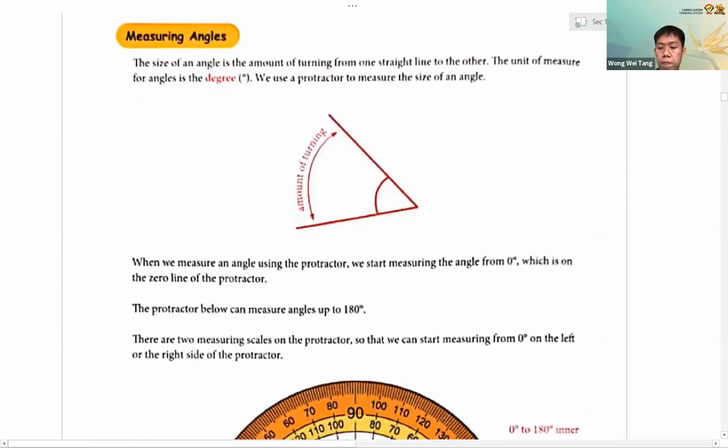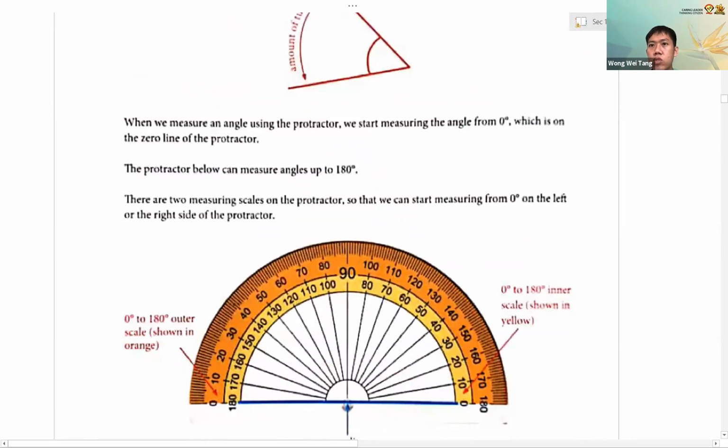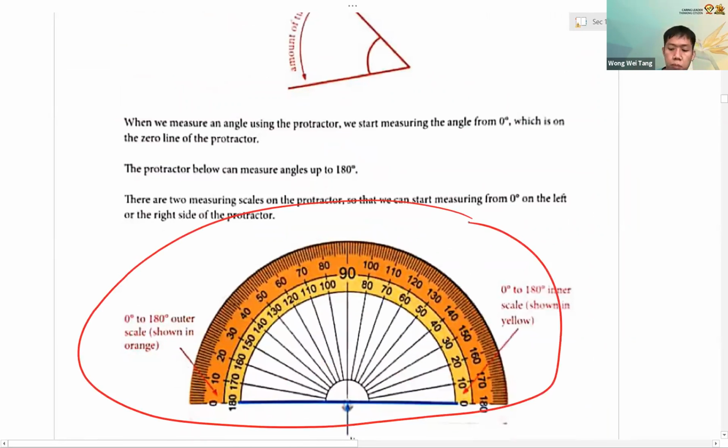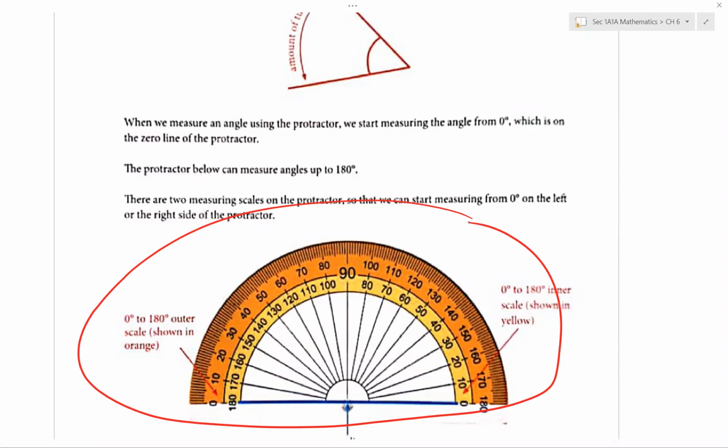Okay, now next, measuring of angles. Anybody hasn't used this instrument before? This is called a protractor. Have you ever used this in primary school? Emma, have you used this in primary school? Emma, are you there?